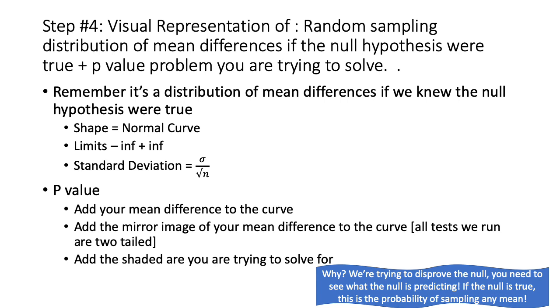Now, to understand our p-value, we have to add our mean difference to this picture. We have to also add the mirror image of our mean difference to this picture because all tests we run are two-tailed. And finally, we just shade in the entire area we are trying to solve for.